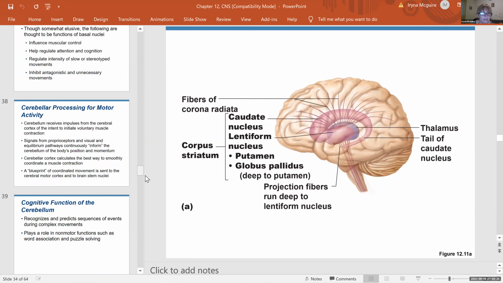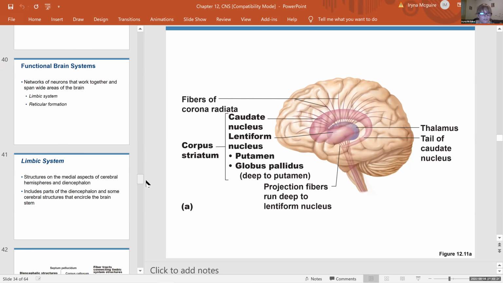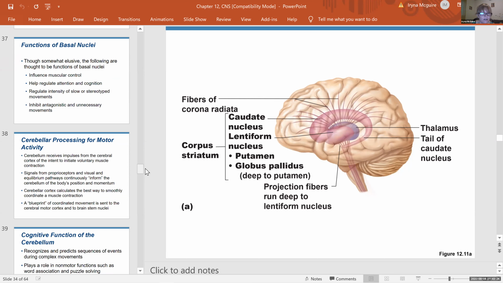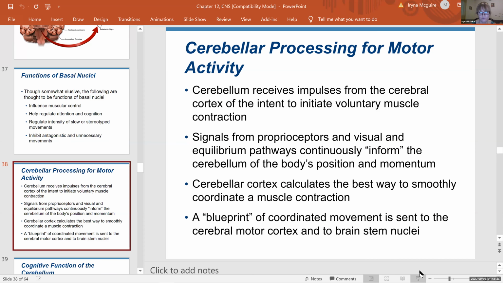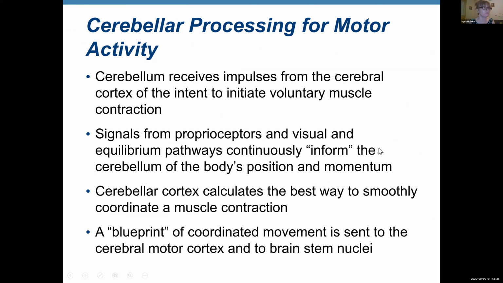Now, this is a very quick overview because there are so many different functions. Your brain is extremely complicated, and some functions of the brain are still not fully understood. So that's just a very quick introduction.